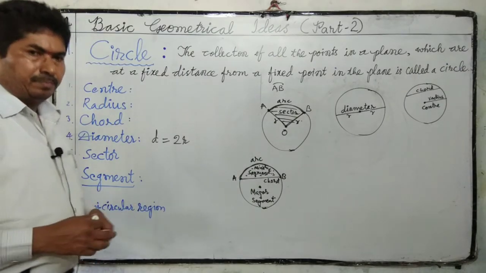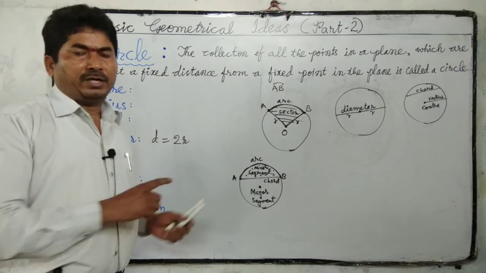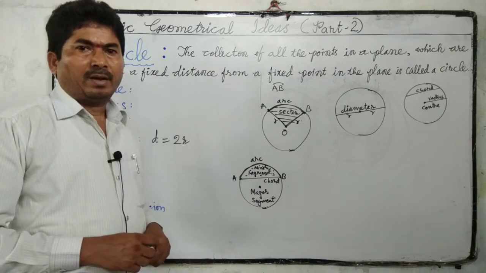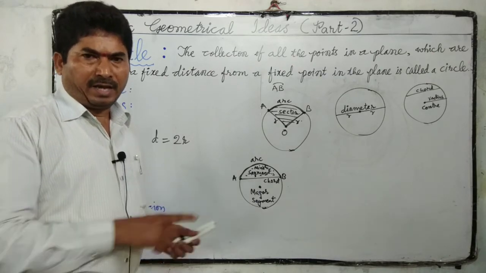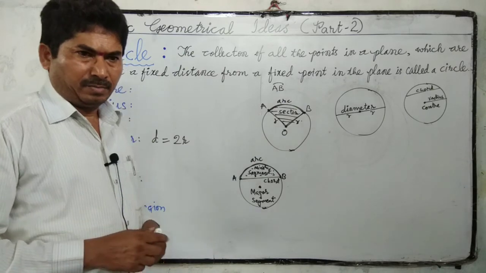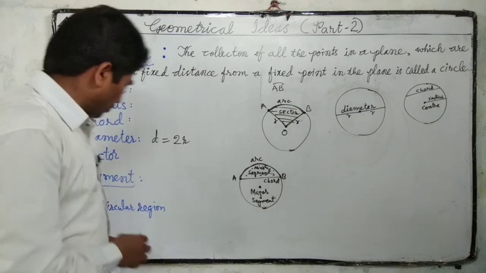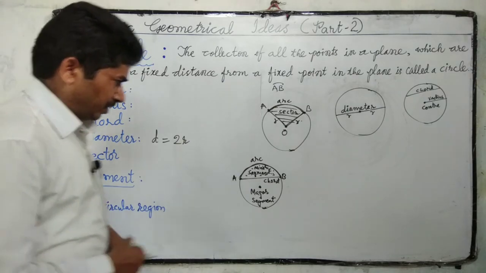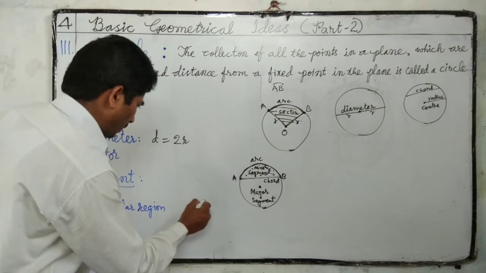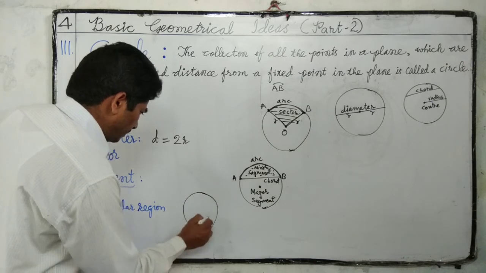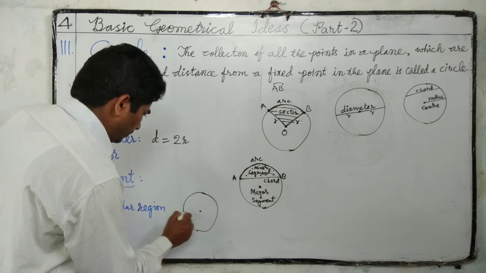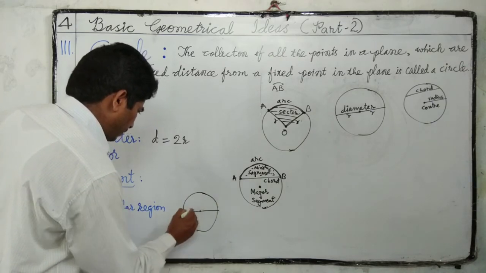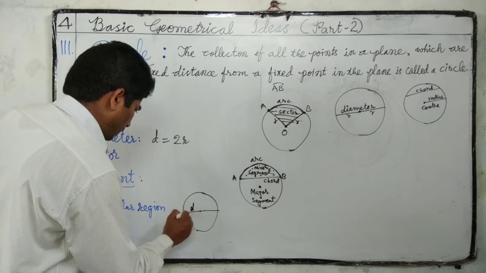Semicircular region. Region enclosed by a diameter and an arc is called semicircular region. Let us see in a figure. This is a circle. This is a diameter. This is an arc.